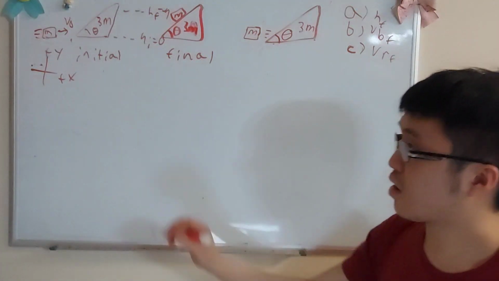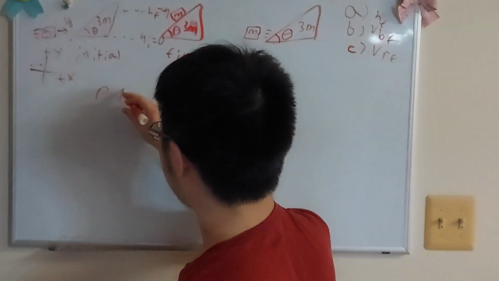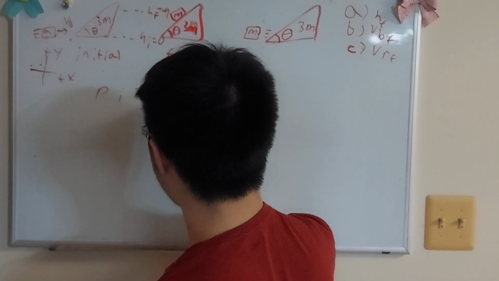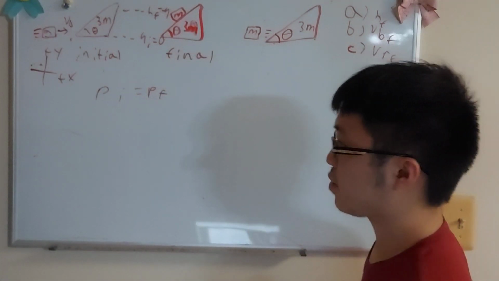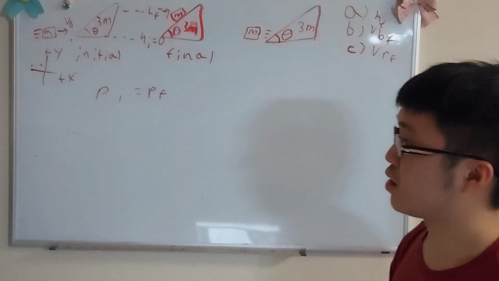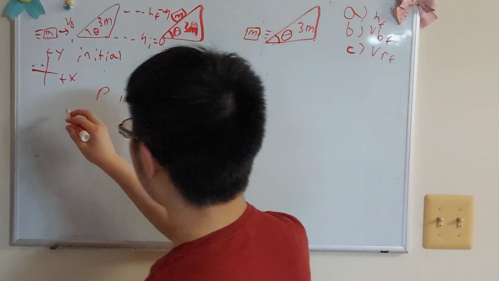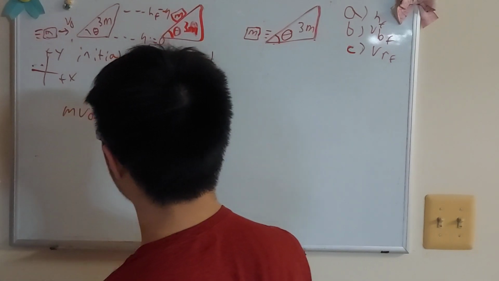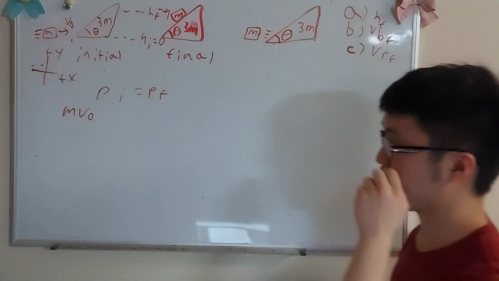Like with any system, we can say that the law of conservation of momentum holds true. The momentum of the ramp in an initial condition would be 0 because it's at rest. The momentum of the block would be m v naught, which is its mass and initial velocity.